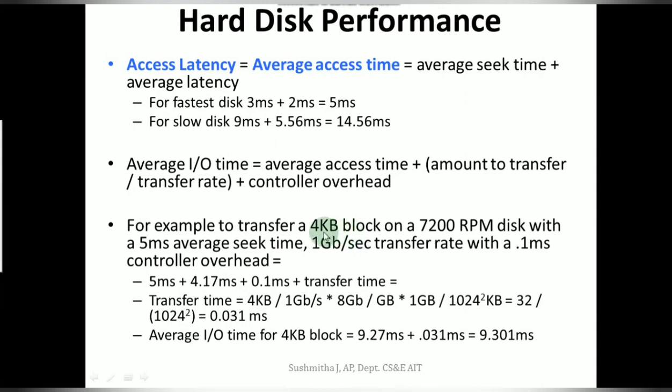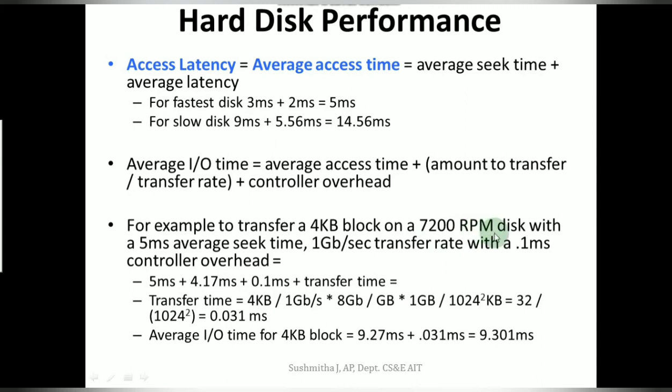So if I want to read a block of size 4 KB, and this is the specification of the hard disk. The hard disk I have has a rotational speed of 7200 rotations per minute.